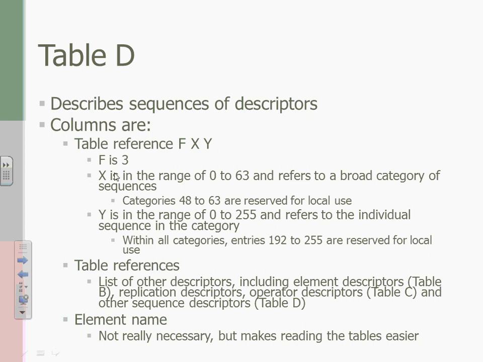This part is totally the same as the table B descriptor. So X is in the range of 0 to 63, and the range of 48 to 63 is reserved for local use, and Y is in the range of 0 to 255, and entries from 192 to 255 are reserved for local use.